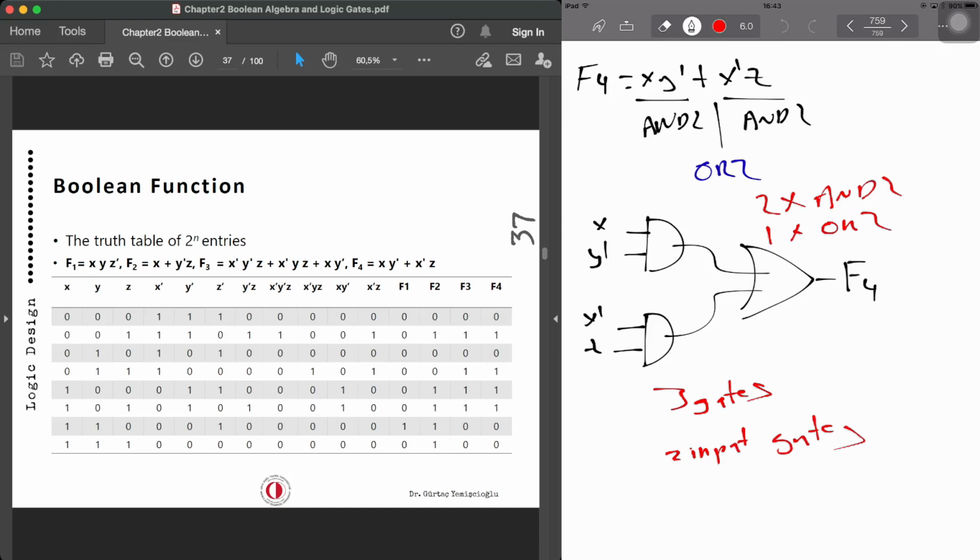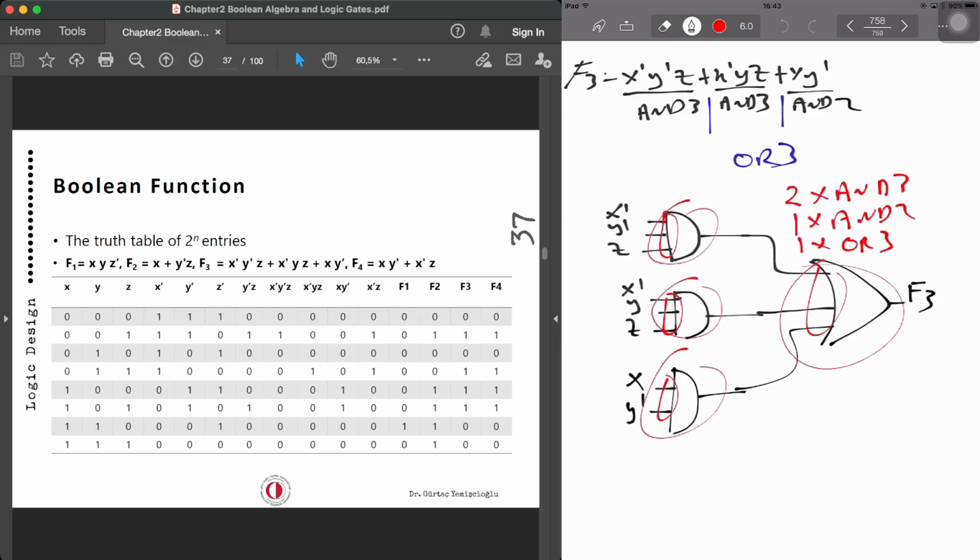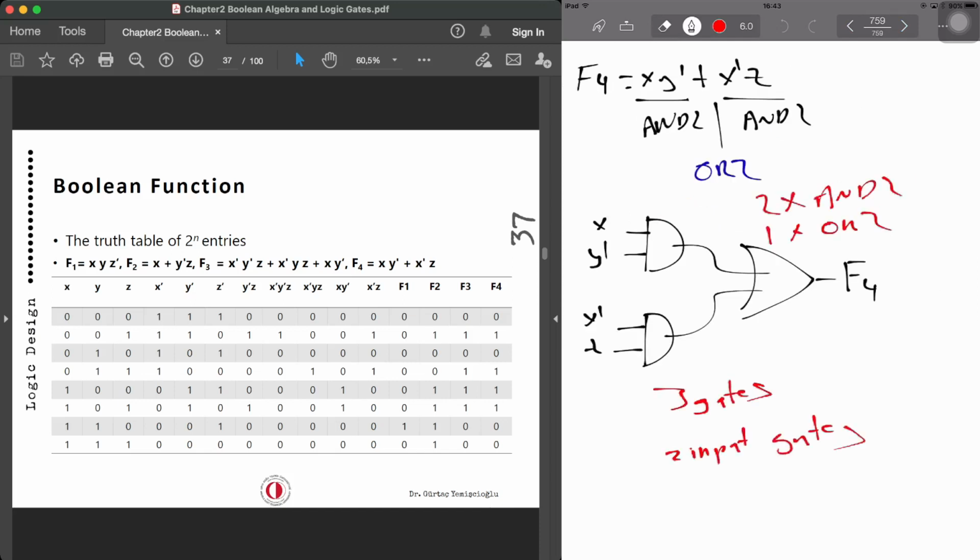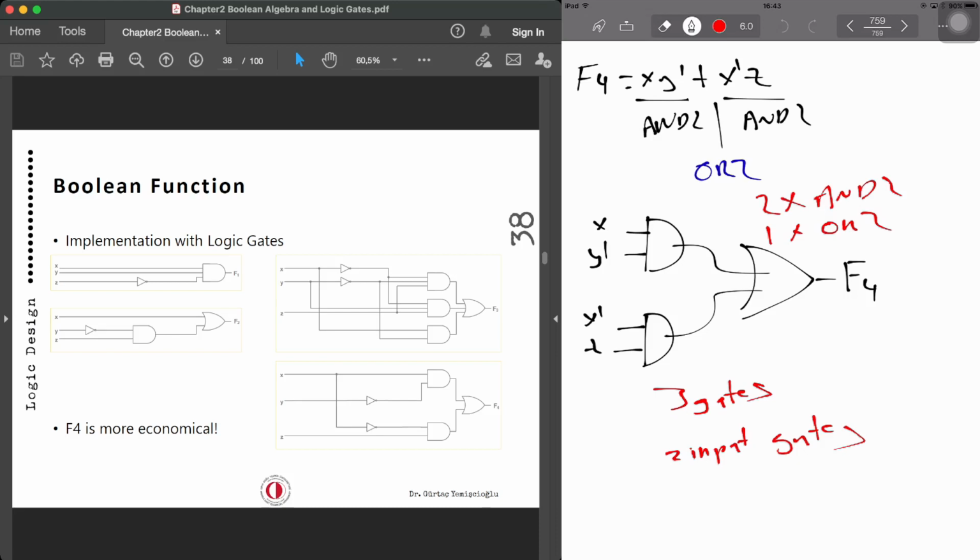So what we are going to try to do in the rest of this course is reduce expressions like F3 into the form of F4 so that we can have more economical implementations in the case of area, in the case of cost, and in the case of power consumption, as F3 has more gates.